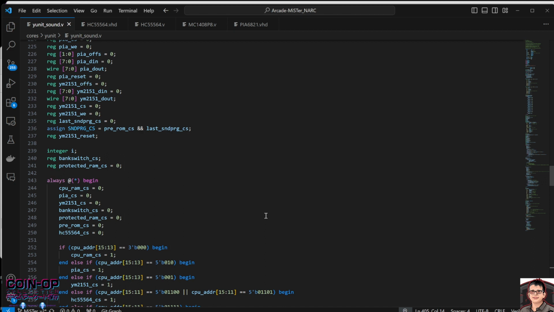The music would play, the instruments would play, everything else would play. Just the speech would play one sample and then stop. So I attributed that to a timing issue. It took me a few days to trace it back and figure out what was going on. A lot of trial and error there, and I found it was a timing issue.